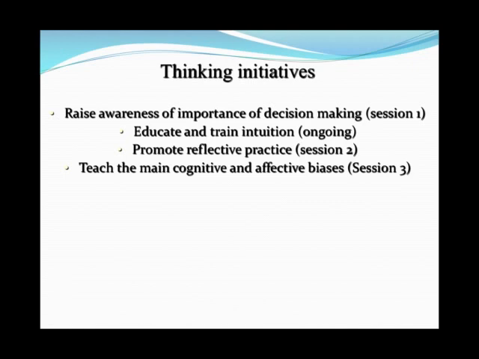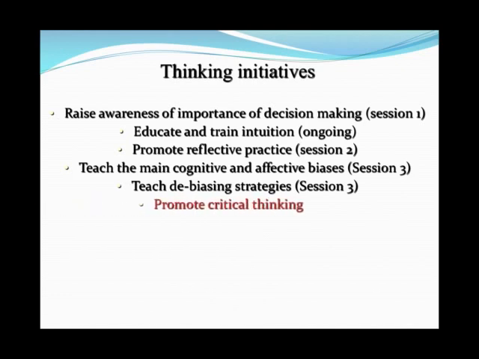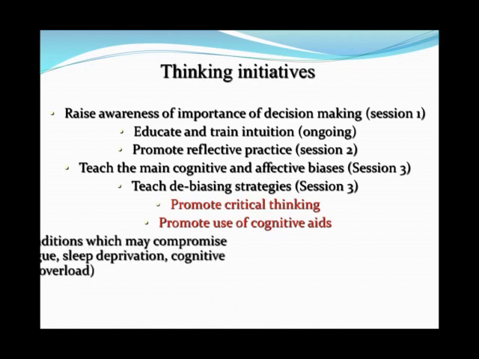We talked about that in session 3, and also ways to get over these biases. And then today we're going to talk more about promoting critical thinking in general and promoting use of cognitive aids, things that will help us make good decisions. We'll talk about that in a little bit.